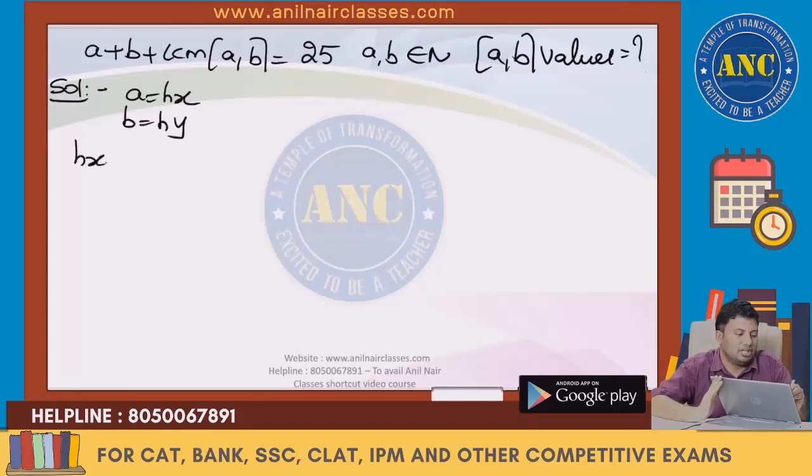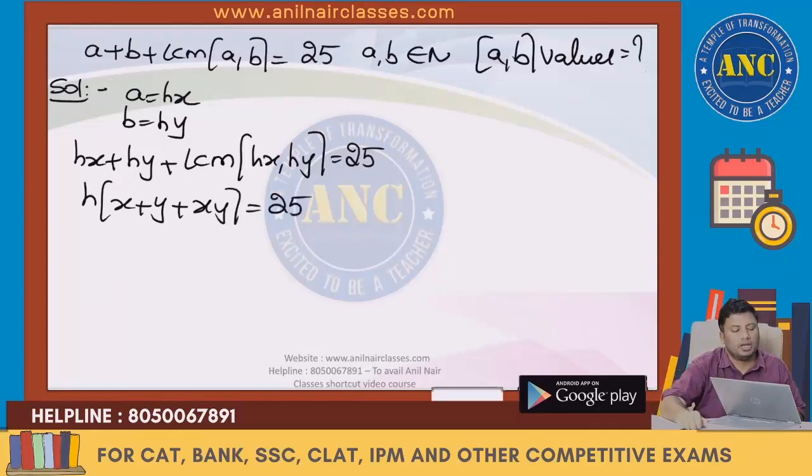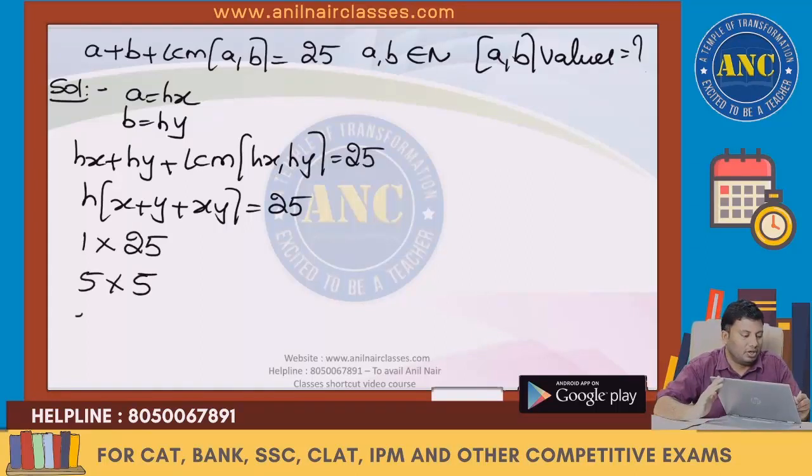So this is hx plus hy plus LCM of hx comma hy equals 25. h into x plus y plus xy equals 25. The cases for h are 1 into 25, 5 into 5, 25 into 1.